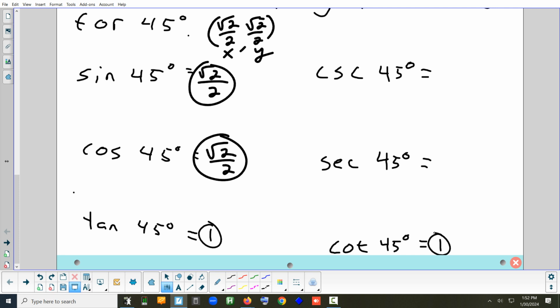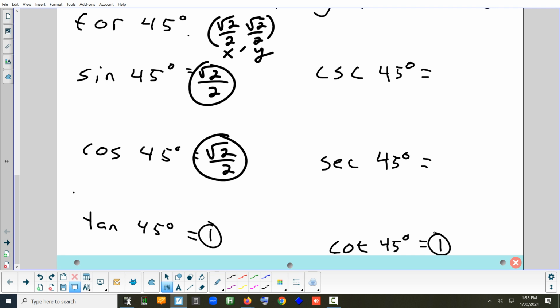And to get the cosecant, we have to flip the y, which is which trig function? When you flip the y, that's how you get cosecant. But which trig function are you flipping? Yeah, you're flipping the sine. So when you flip it, what do you get at first?